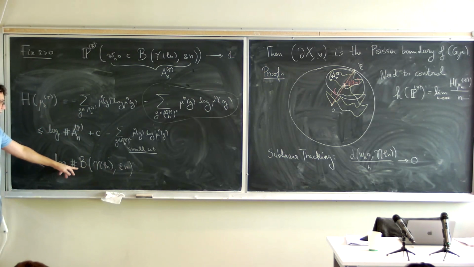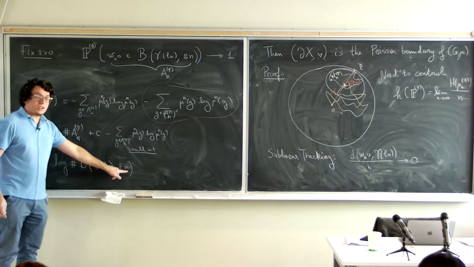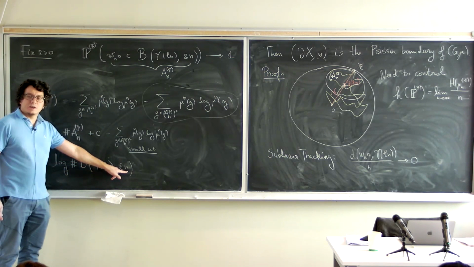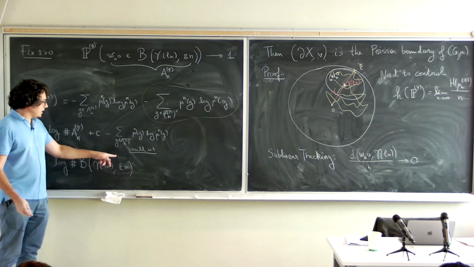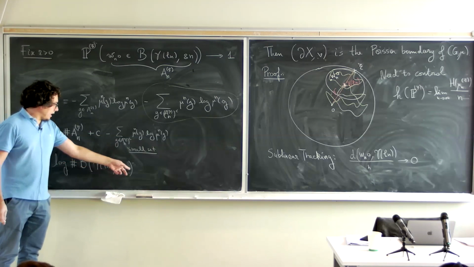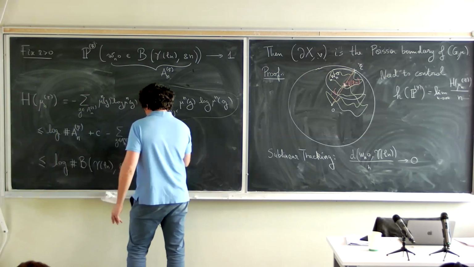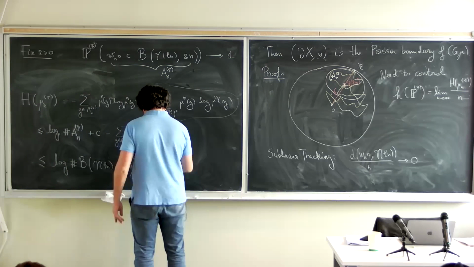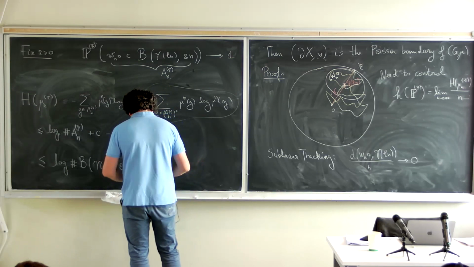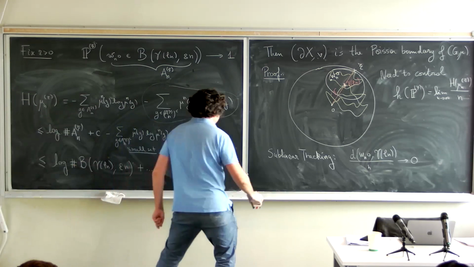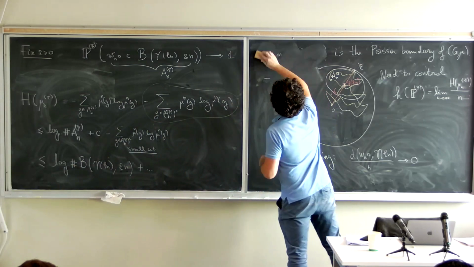So the number of elements in a ball of radius epsilon times n is some C to the epsilon n. This plus some higher, small term, but let me finish this discussion here.